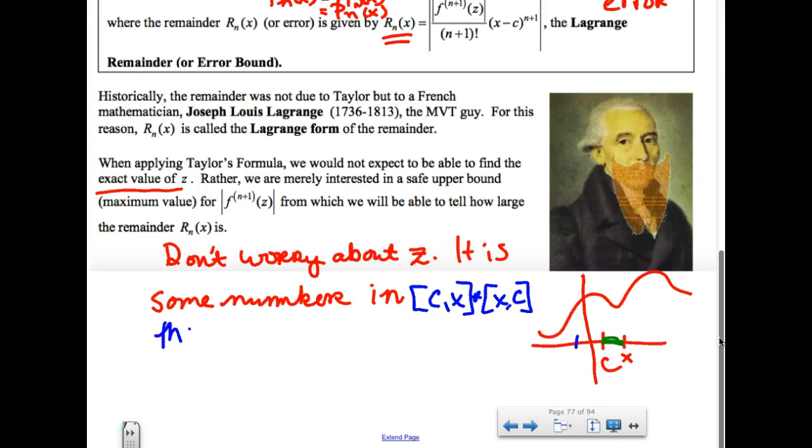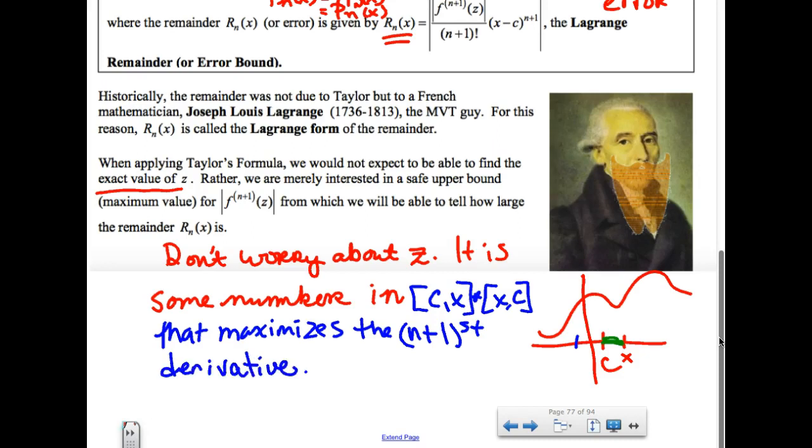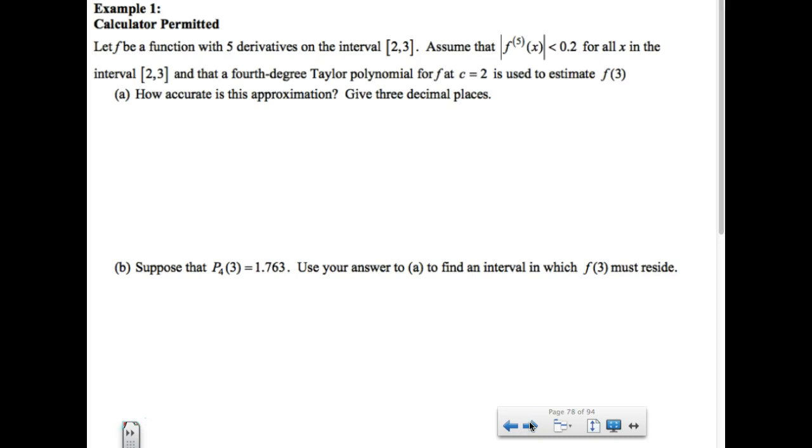That maximizes the n plus first derivative, but we're not going to get it exactly. We're going to put a safe upper bound for it. So let's go take a look and put this all into play.